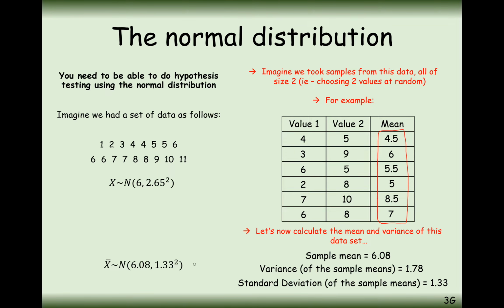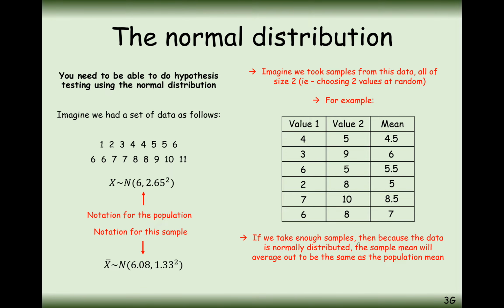This is effectively the normal distribution for the means, not the normal distribution for the data set, the normal distribution for the means when we pick two data values from the data set. So it's the normal distribution of the sample means. And when you've got the notation for this sample, you put an X bar on the top of your X.